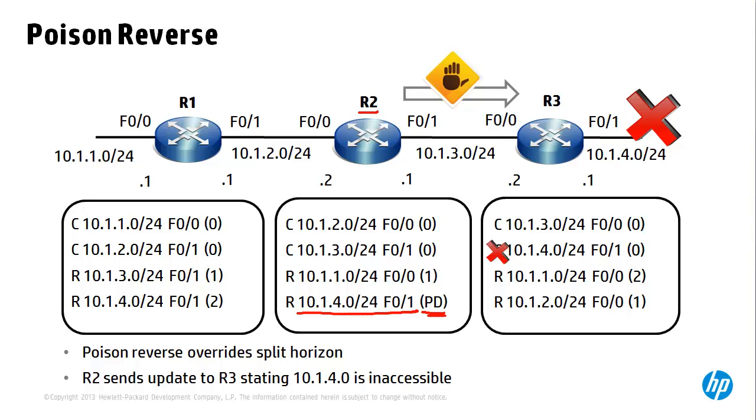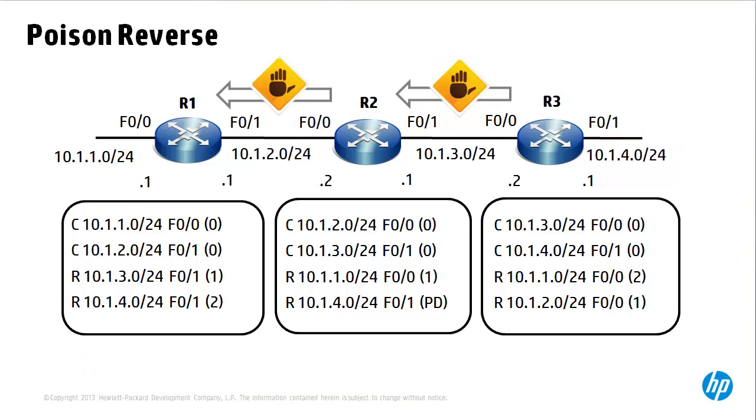In other words, setting its value to infinity, and then it's advertising that information using poison reverse, which overrides split horizon, to router 3. So this network is actually advertised to router 3, but router 2 is telling router 3 that that network is inaccessible, essentially telling the router, don't use me to get to that network.